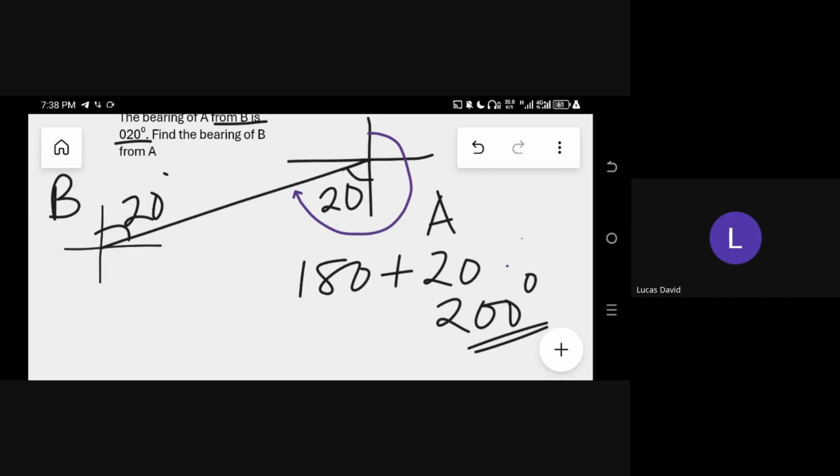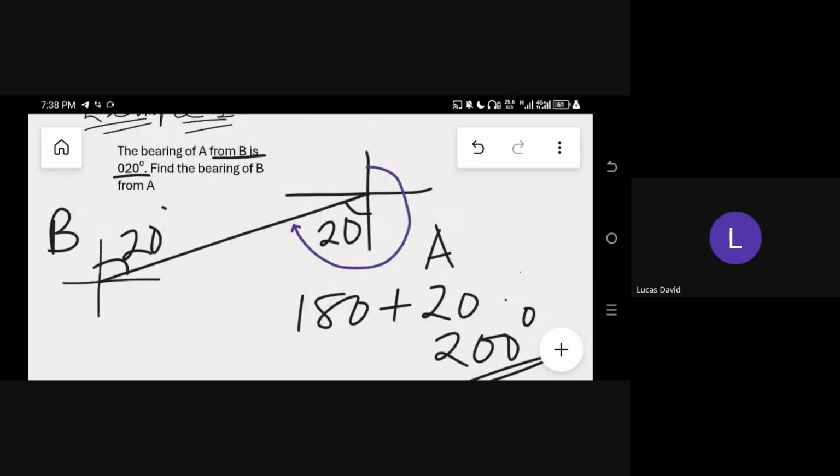The bearing of A from B is 20 degrees. That was the actual question. So we already know A from B, and the question was asking for B from A.